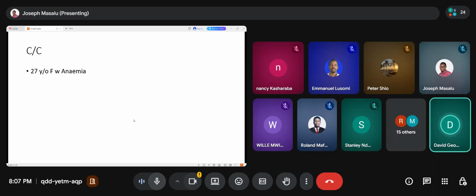But just to start, I categorize them this way: if someone presents with anemia, it could be a problem with the factory, that is the bone marrow, due to bone marrow failure syndromes like aplastic anemia, which we know, and therefore it will be interesting to know if there are other cell lines that are involved, the platelets, the WBCs.